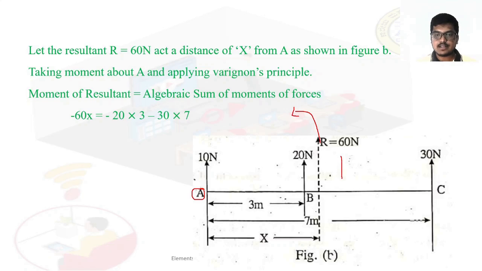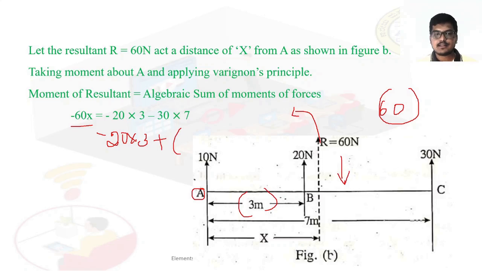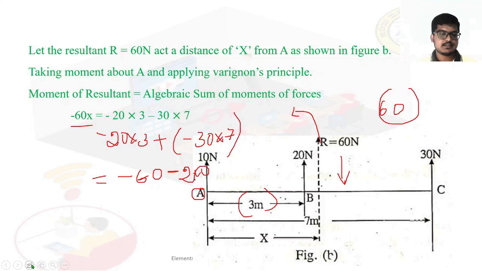If R were clockwise, we could take 60x directly. But R is anti-clockwise, so we have to take minus 60x, which is equal to minus 20 into 3 and then minus 30 into 7. So on simplification, minus and minus become plus, so like this we need to solve.